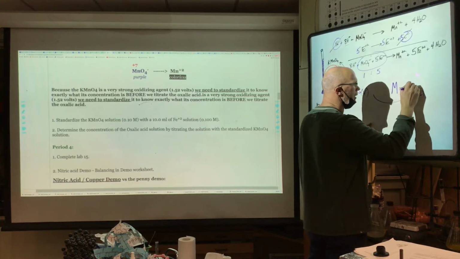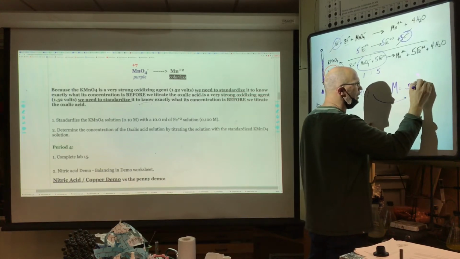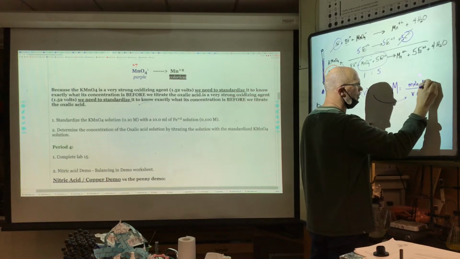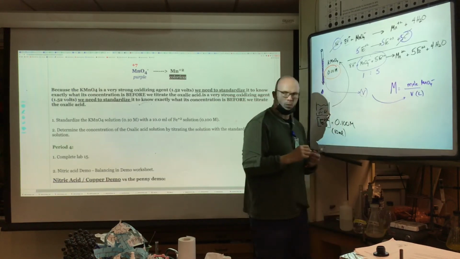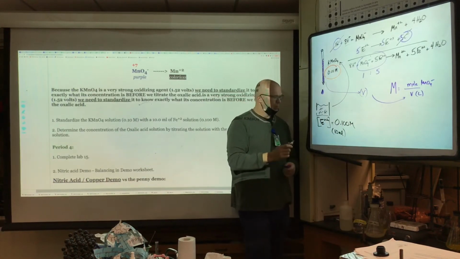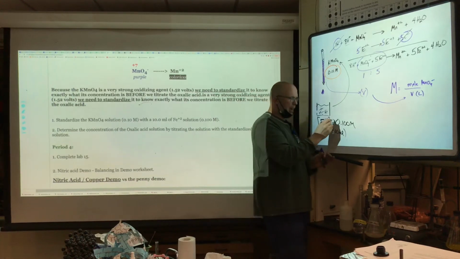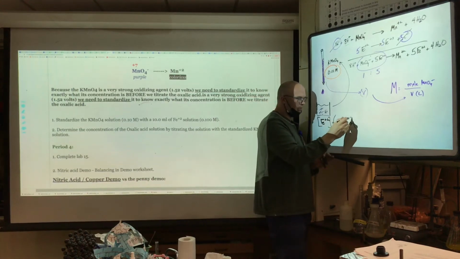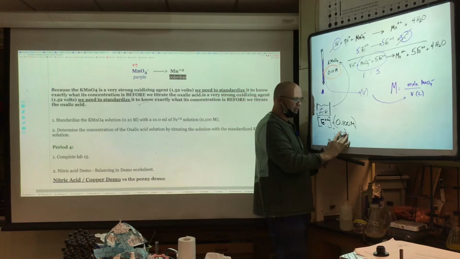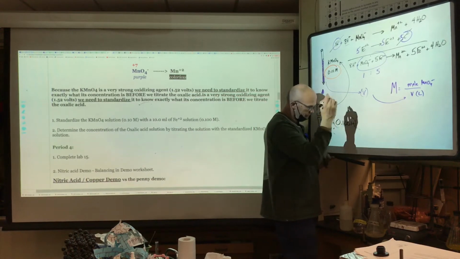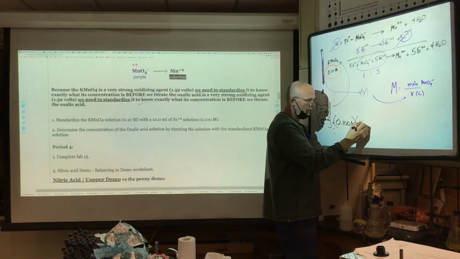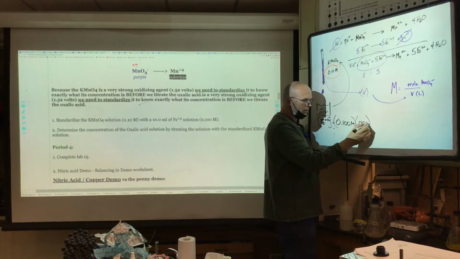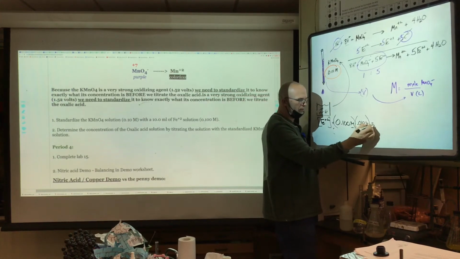But now we need what? Moles of what? MnO4. How do we get that? Well, watch. Knowing in the beaker I had a 0.01 molar solution, and I had 10 milliliters. When I multiply liters times molarity, what do I get?